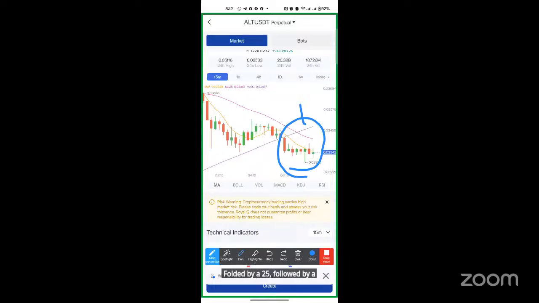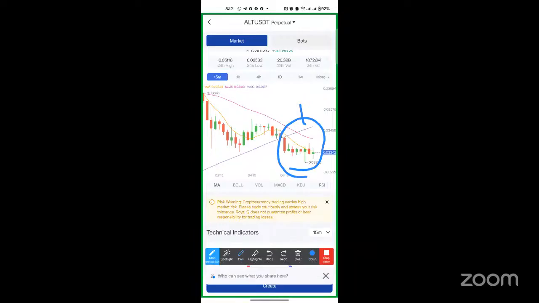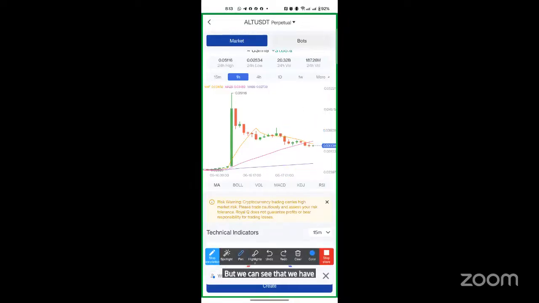So in 15 minutes, is this coin on an uptrend or a downtrend? Thank you. In 1 hour, apart from the death cross that has happened, we can see that we have a 99, followed by a 25, followed by a 7.